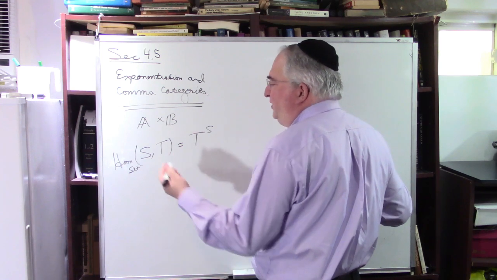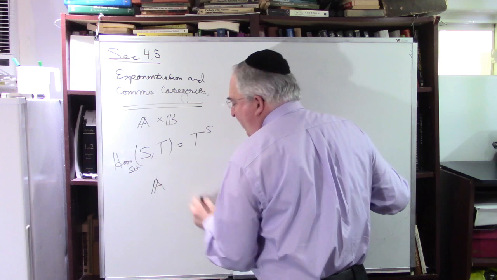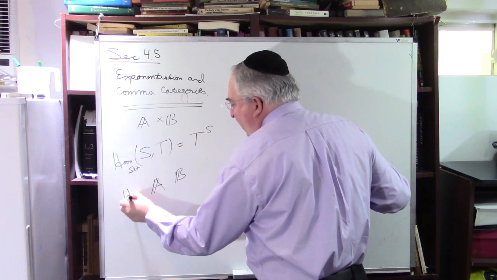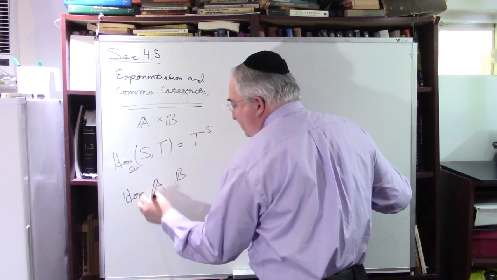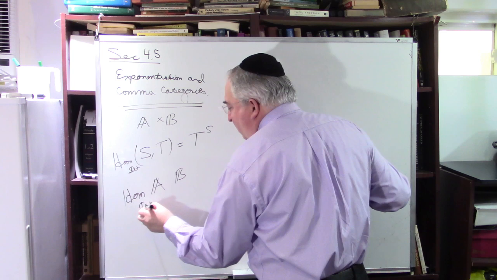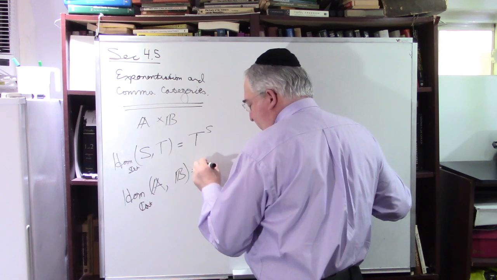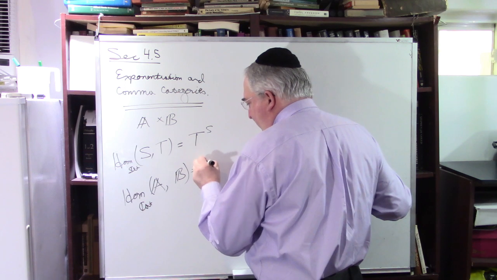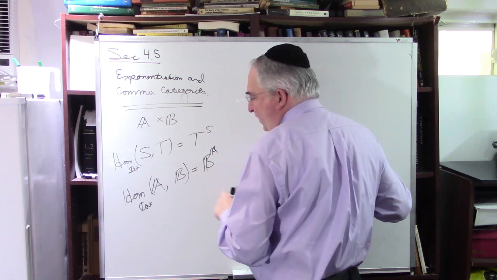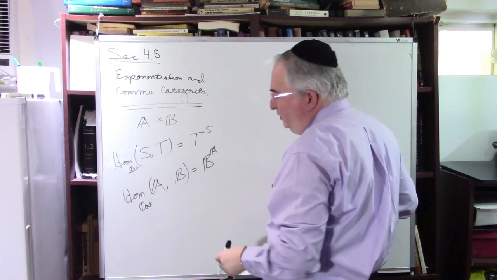Well, guess what? I want the same thing with categories. So here's the idea. Given a category A and a category B, I want to look at Hom, not in Set as we had before, but in Cat, of Hom(A, B), which we write also as B to the A. That's another way of writing it, B to the A, hence the word exponentiation.